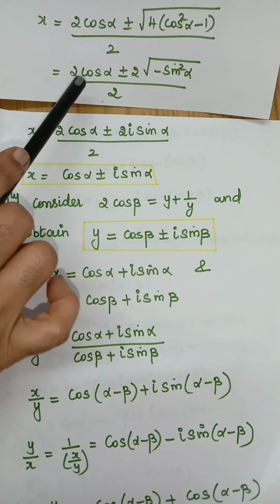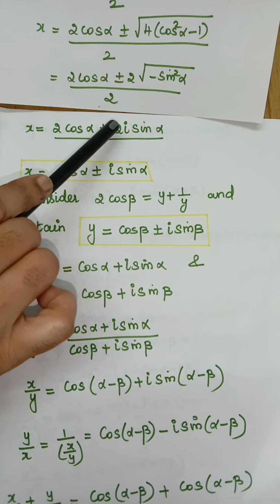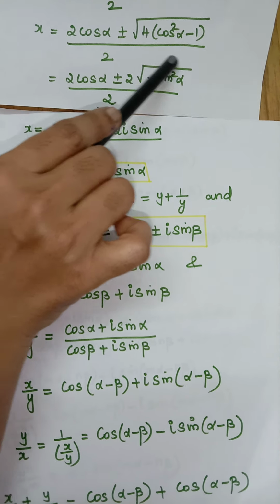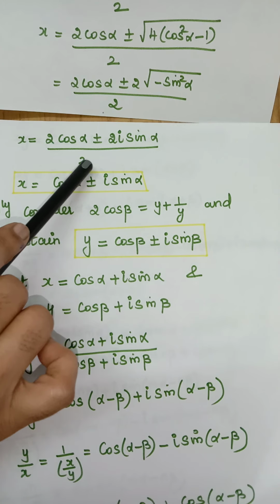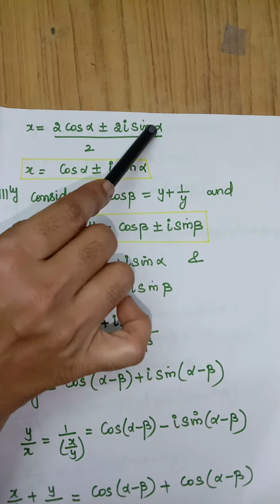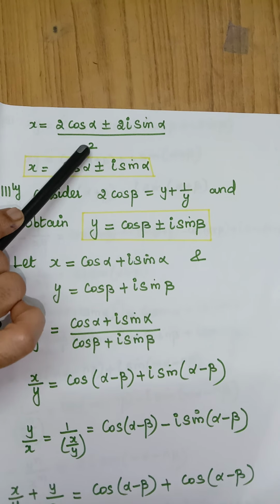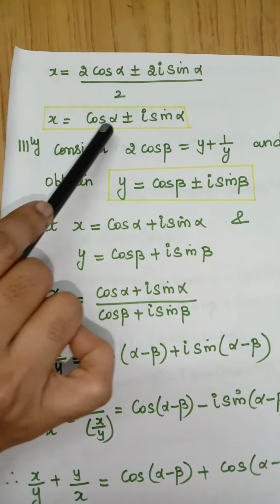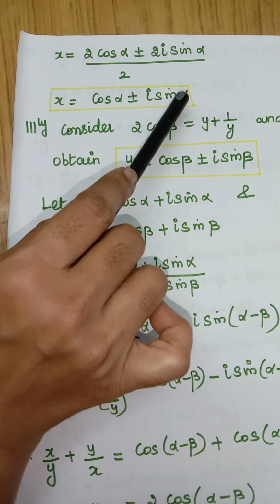So look at that, you are getting from this term 2 cos alpha plus or minus 2 into, what is square root of minus sin squared alpha? It is i sin alpha, divided by 2. Okay, so from this numerator, what is common? 2. It is cancelled with the denominator 2. So you are getting x is equal to cos alpha plus or minus i sin alpha.